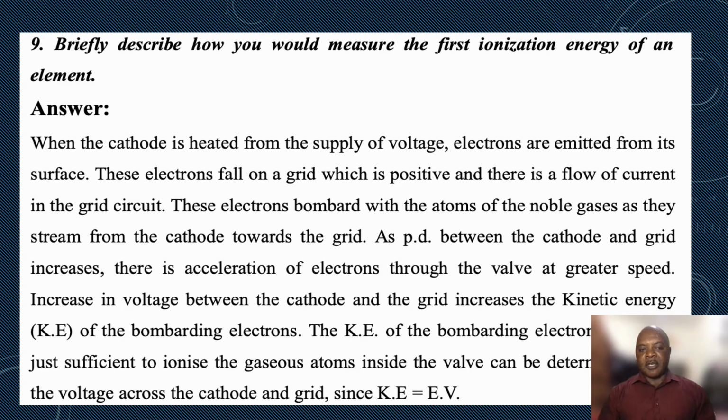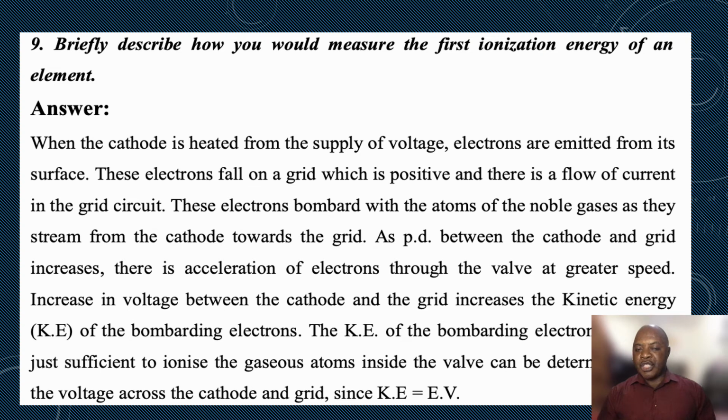its surface. These electrons fall on a grid which is positive, and there is a flow of current in the grid circuit. These electrons bombard the atoms of the noble gases as they stream from the cathode towards the grid. As the PD between the cathode and the grid increases, there is acceleration of electrons through a valve at a greater speed.